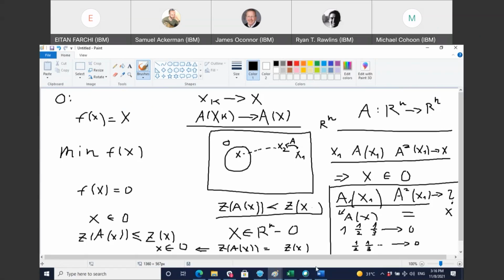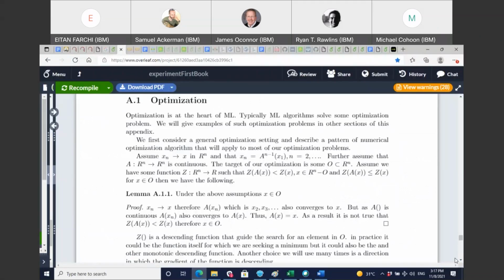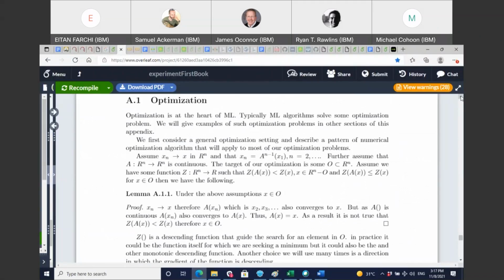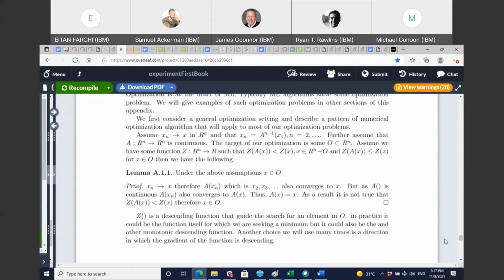Also, after the meeting, you can go to the appendix. I sent a link, and you can try and read it there. It's written there as well in a formal way. Essentially, this framework will apply for us throughout numerical optimization.